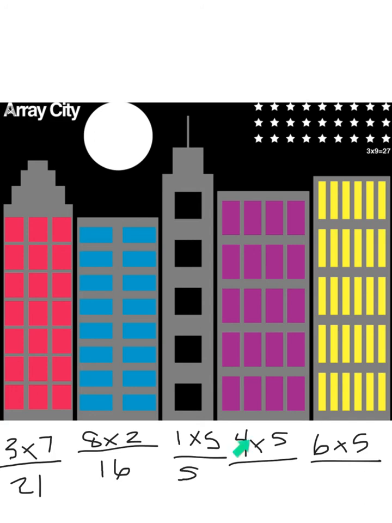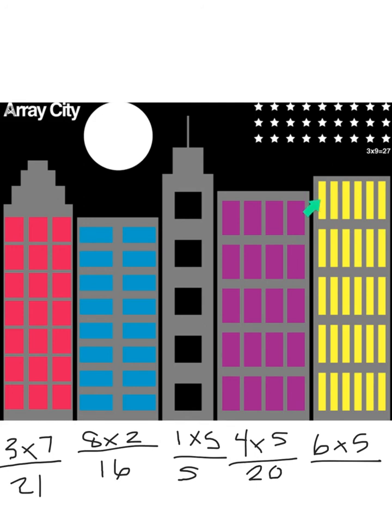Our next building here, we have 4 times 5. So 1, 2, 3, 4 by 5, or it could be 5 by 4. Doesn't matter. Let's count how many there are. 1, 2, 3, and so on up to 20. So 4 times 5, or 5 times 4, is 20.